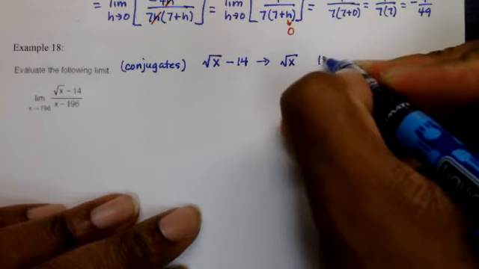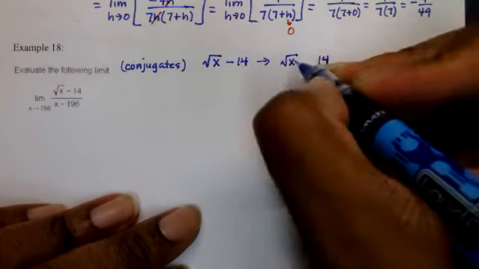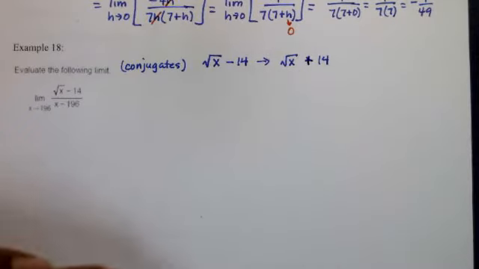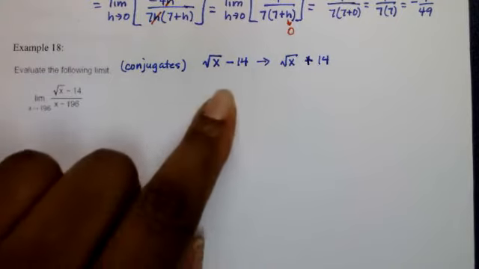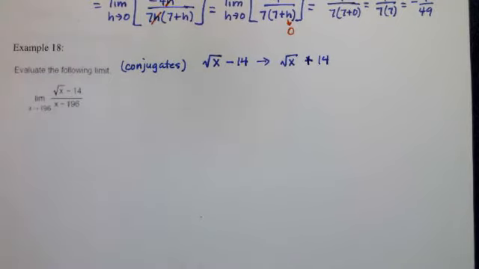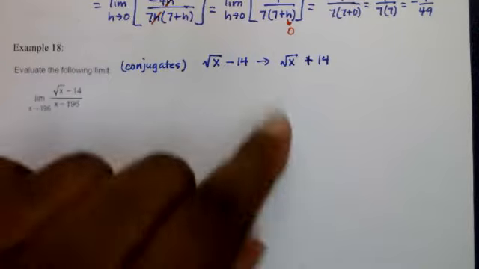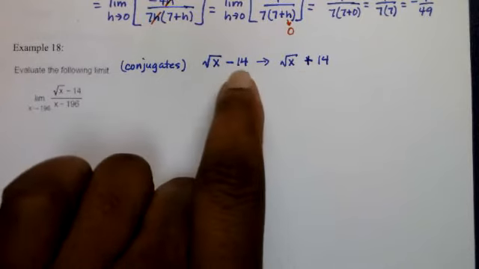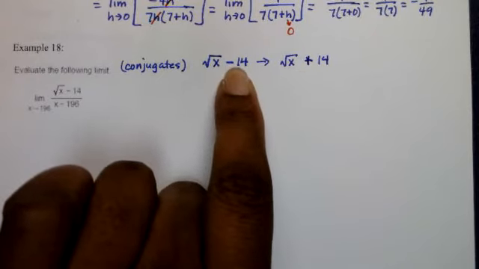These are the same two numbers. The only thing different here is the sign. It changes to the opposite. That subtraction changes to addition here, and if it was addition, it would change to subtraction. So the conjugate of the square root of x minus 14 would be the square root of x plus 14.